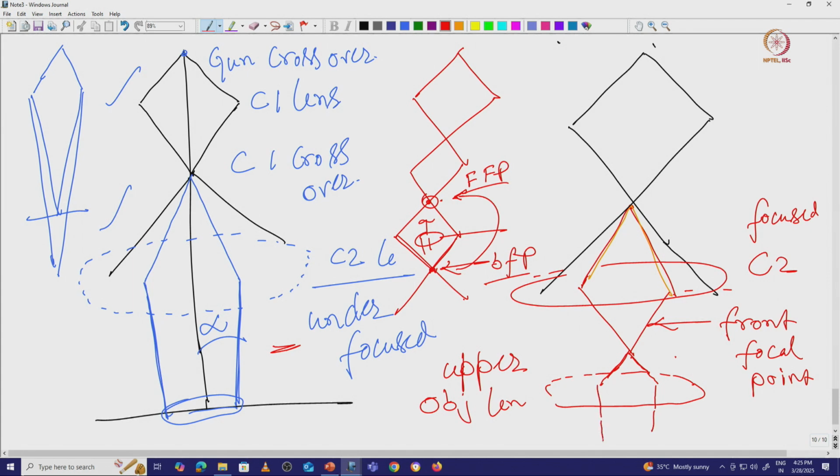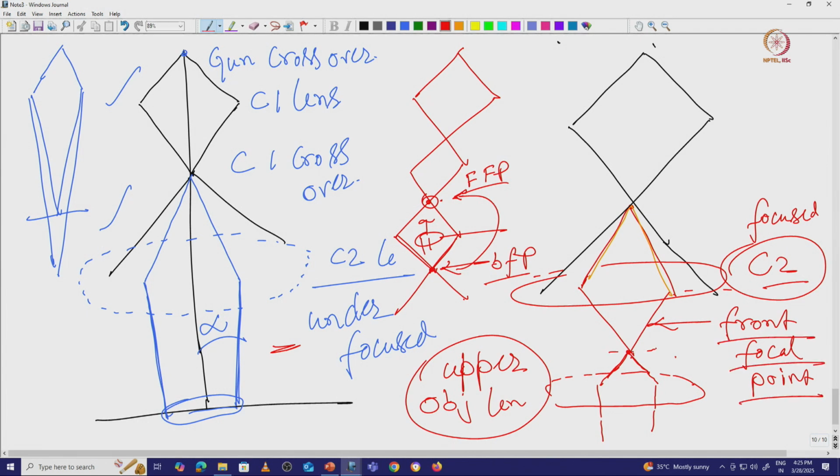So we are using that upper objective lens and C2 lens together, making the crossover point using the C2 lens at the front focal point or front focal plane, which is just above our sample, and trying to make the electron beam parallel using the upper objective lens.